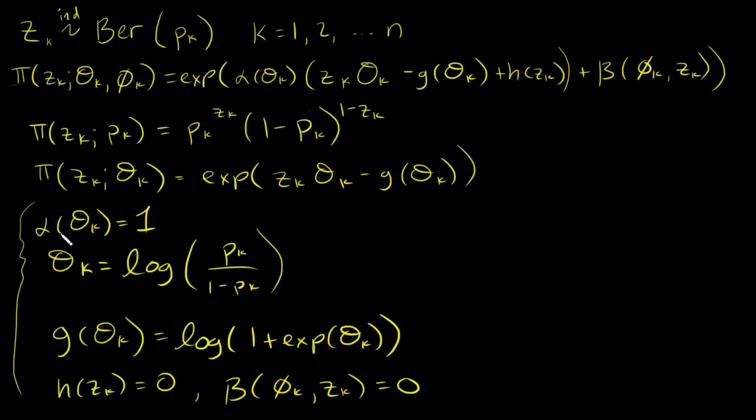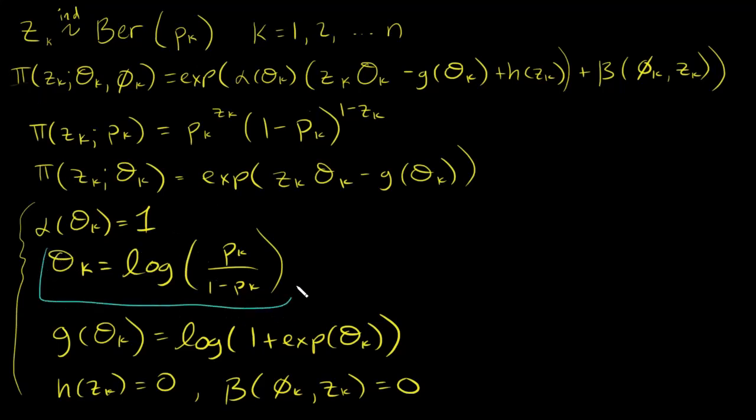Okay, so alpha of theta, which I think I might have neglected to point out, is 1, right? Because you would need 1 there. I might have forgotten to point that out, but it's not a huge deal, because really the big deal is what is theta, okay?